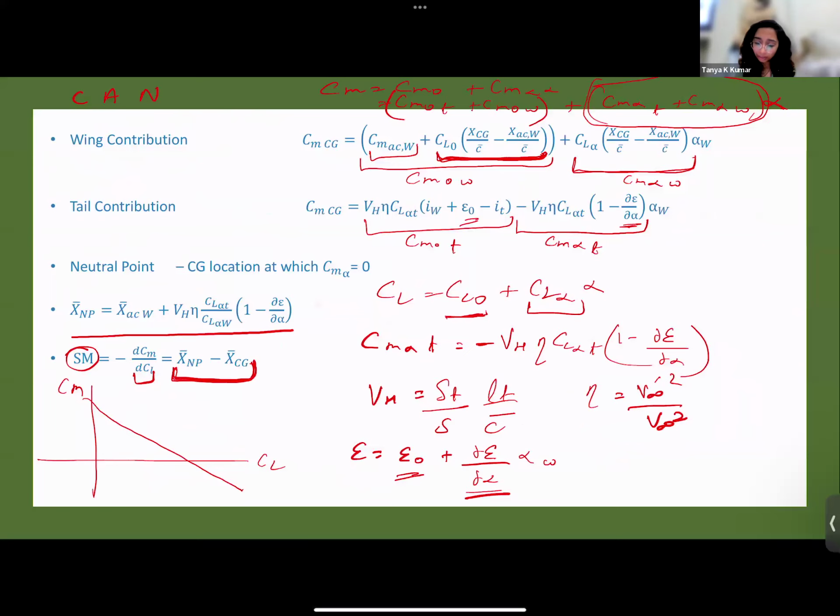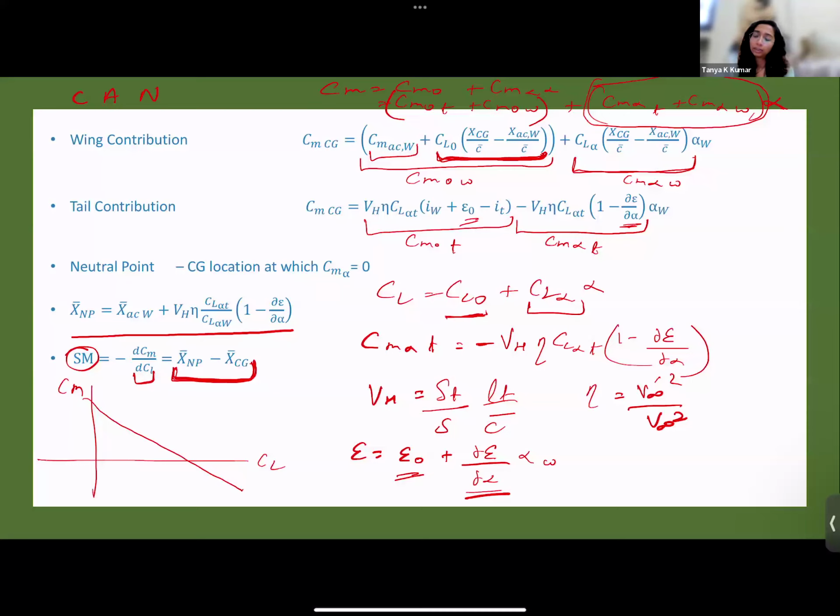In this entire tail contribution equation, do you see any terms related to the control surface? VH is the horizontal tail volume ratio. Eta is the ratio of dynamic pressures. CL alpha of the tail is an aerodynamic parameter of the tail. iW is the wing setting angle. Epsilon naught is the downwash. iT is the tail setting angle. VH again. We know all of these terms.